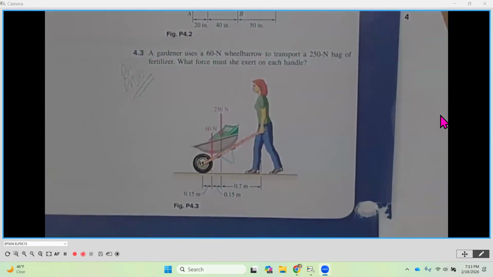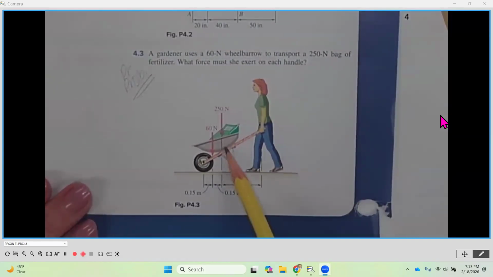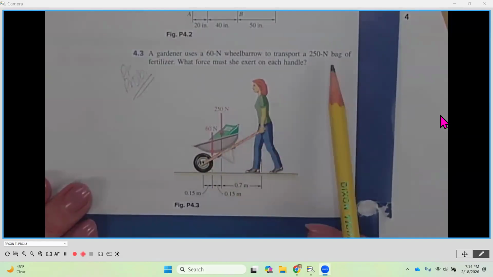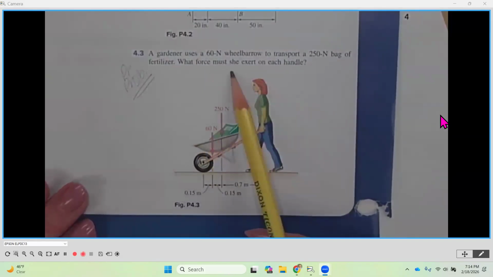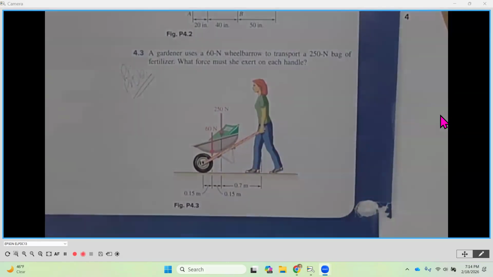The wheelbarrow transports a 250 Newton bag. That's the load she has in the wheelbarrow. What force must she exert on each one of the handles? She's holding it up at the handles, so what is the force she has to exert to keep it in that position?